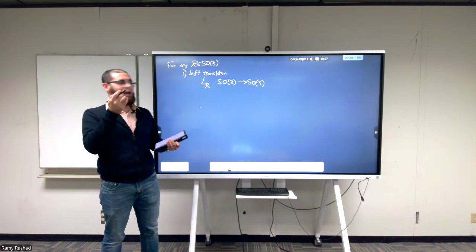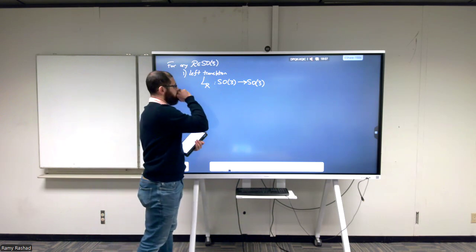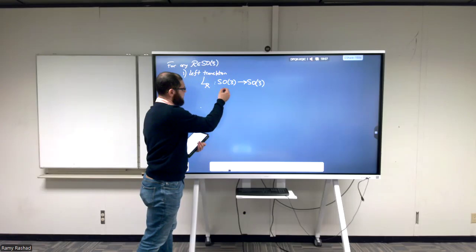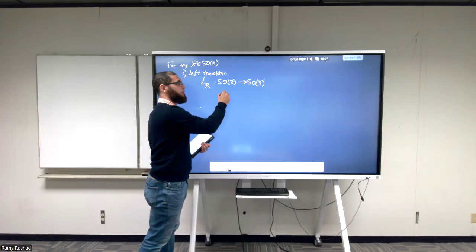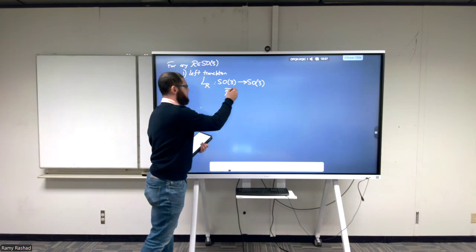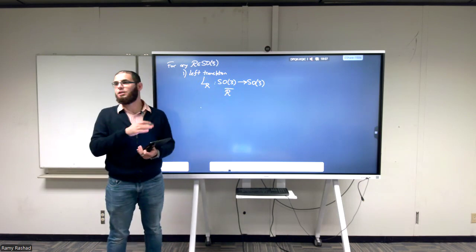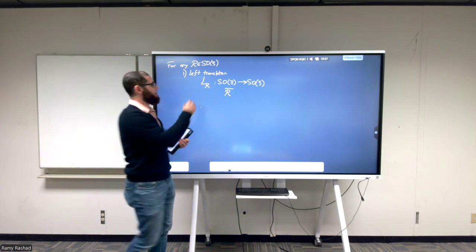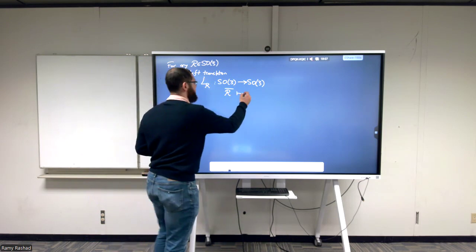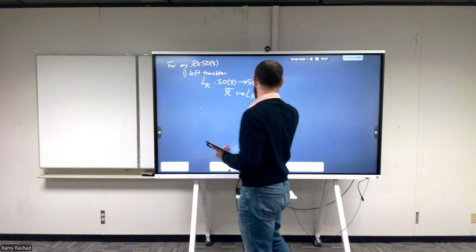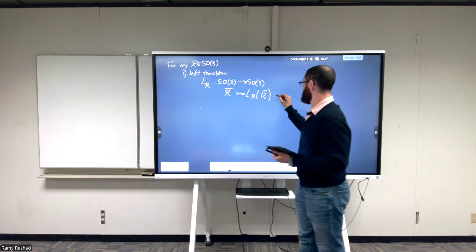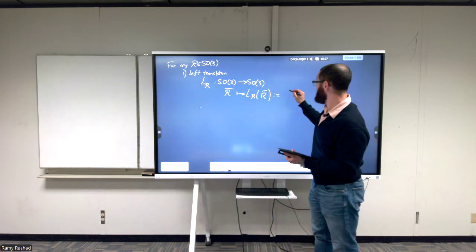I might give it another element. Let's call this other element R bar, I just want to use something that will not violate what we're going to be talking about. So R bar is another element. And the L R map will map this R bar to the following.